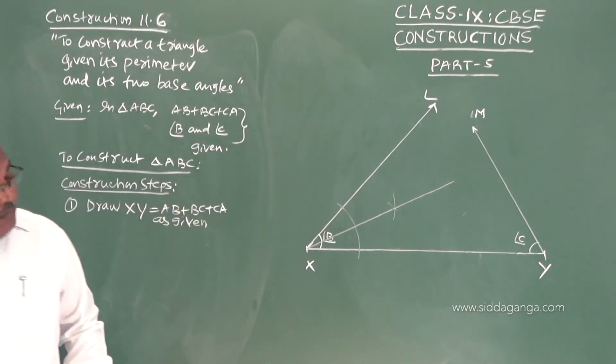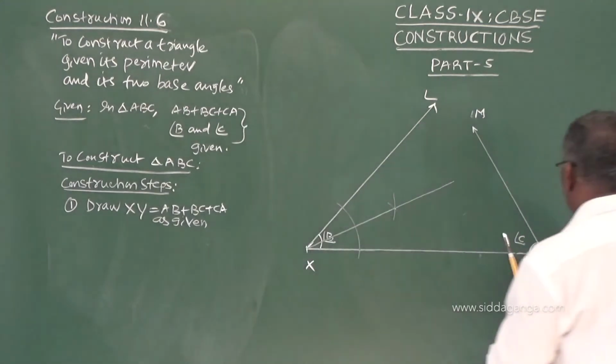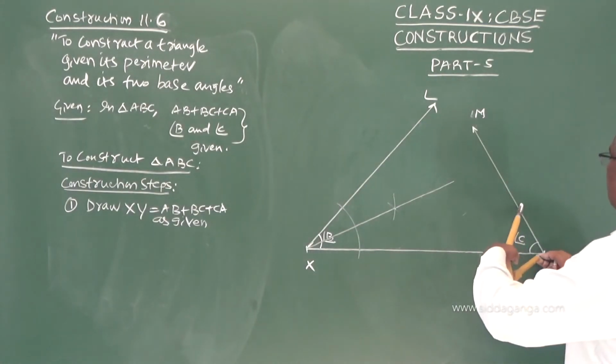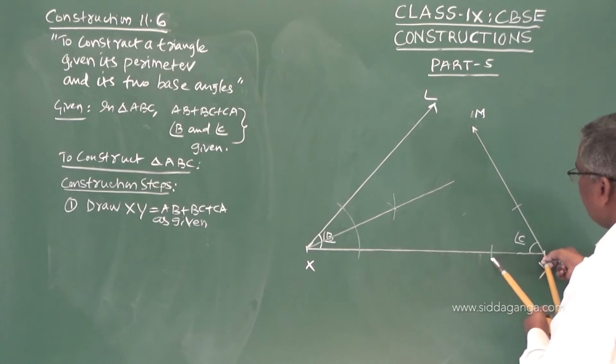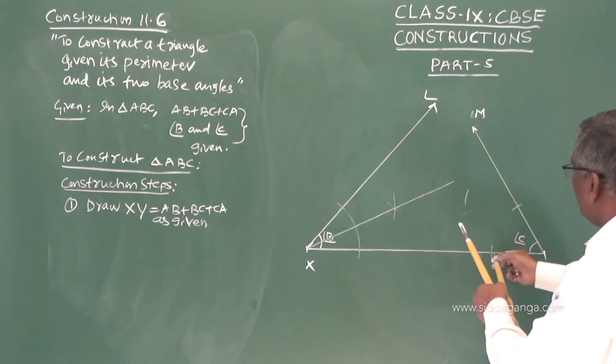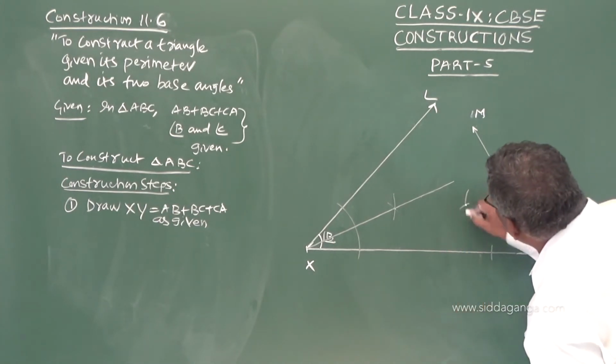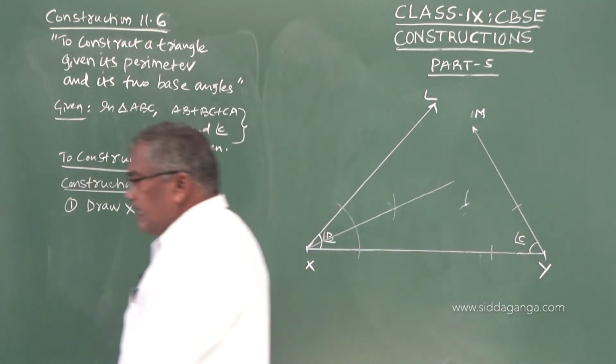Now similarly you bisect the other angle. So you take some convenient radius, you draw two arcs here. From those two points you cut the arcs. So you will get another angle bisector.